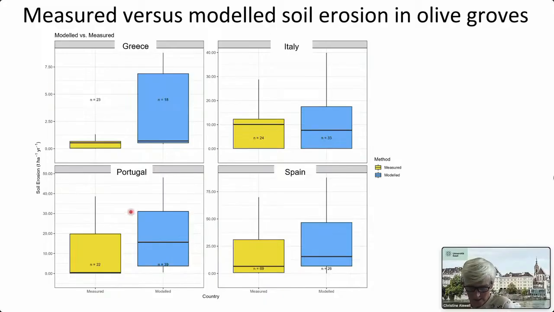From the investigated studies, if we look at the upper quartile of all studies, we see that Spain has really a lot higher rates here, studies with very high rates, followed by Portugal, Italy, and Greece. So these are very different axis scales here. So we see what I showed you in the very first picture in this little movie. Spain has sites with really extreme erosion rates.